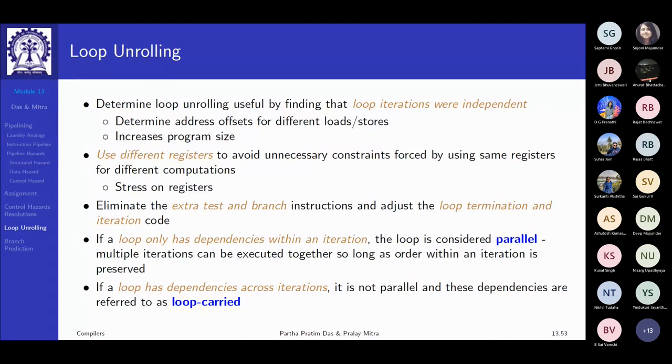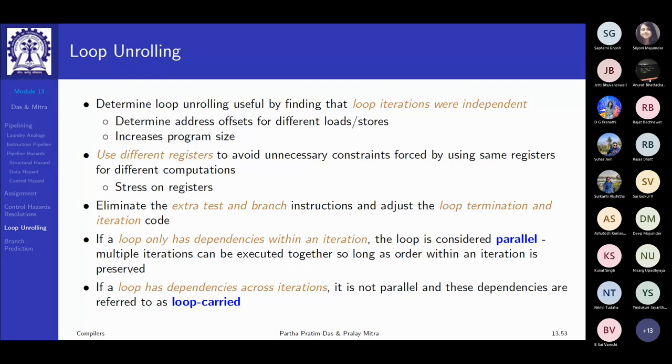Naturally, since as you unroll, you are repeating instructions, your program size increases. So it has some cost in terms of the program size increase, which in some cases may have some detrimental effects. The second point is, as we saw in terms of, say, WAR or WAW, as we unroll loops, we want fewer dependencies.